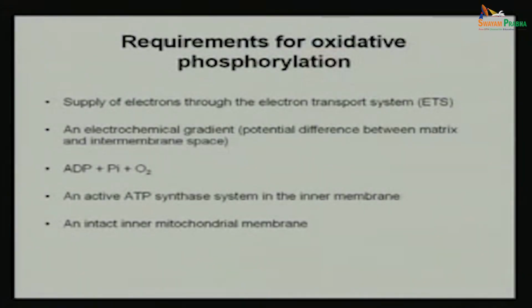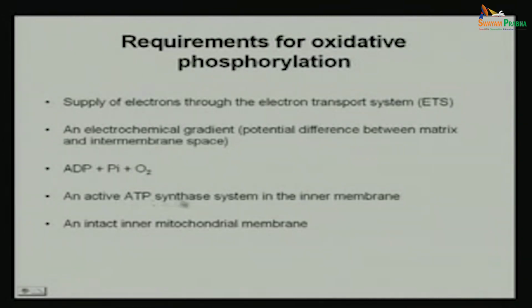oxidative phosphorylation. Now, what are the minimum requirements for carrying out oxidative phosphorylation in the mitochondria? Here, the supply of electrons through the electron transport chain is essential. An electrochemical gradient, that is the potential difference between the matrix and intermembrane space, is essential. ADP, Pi and O2 should be there.